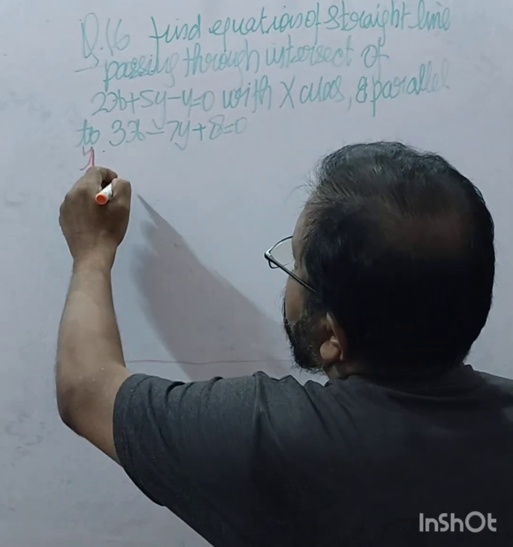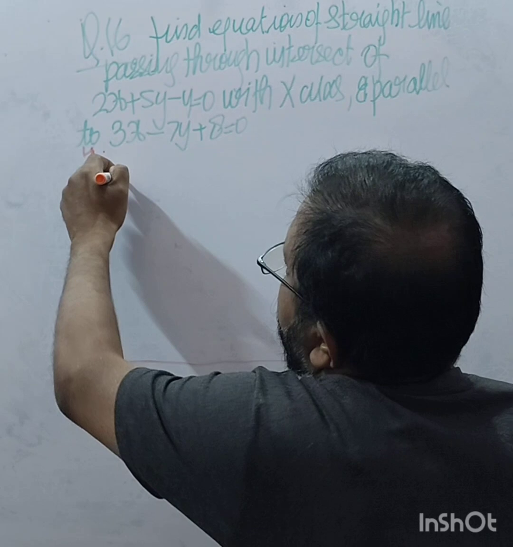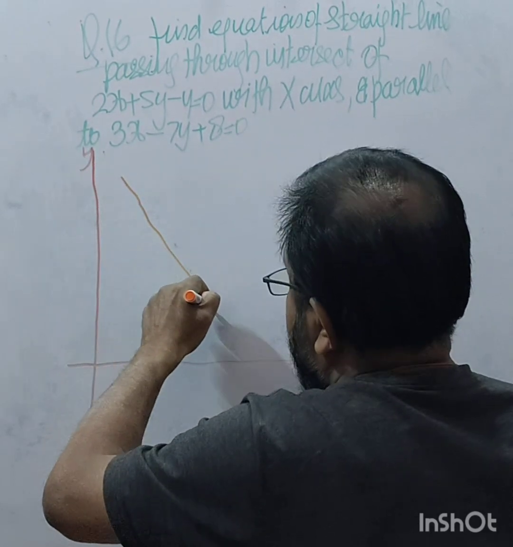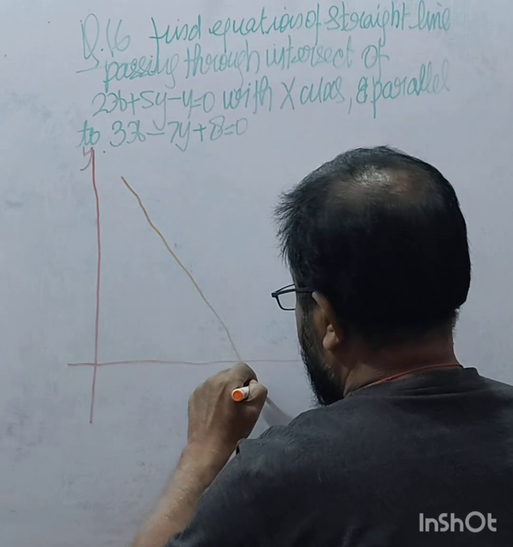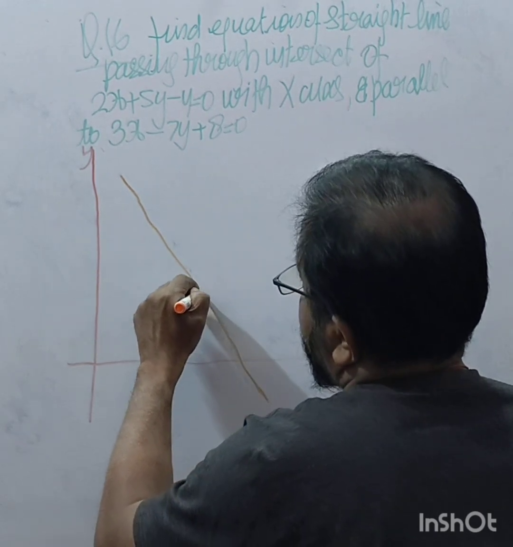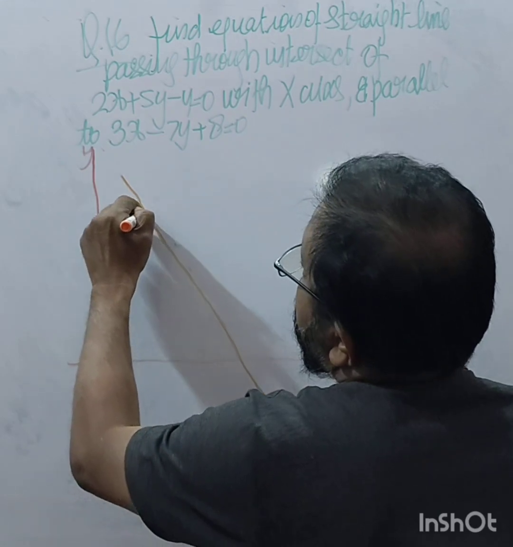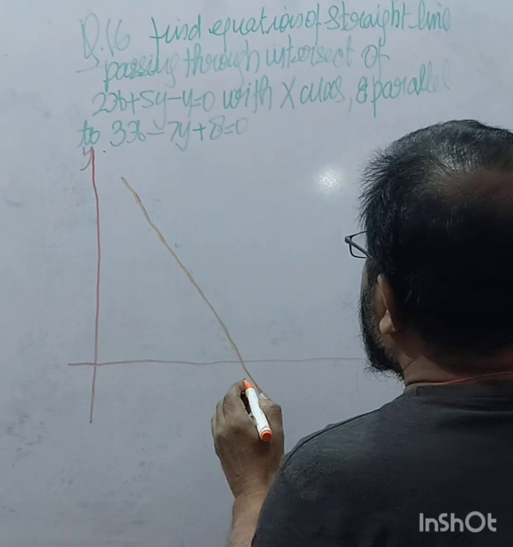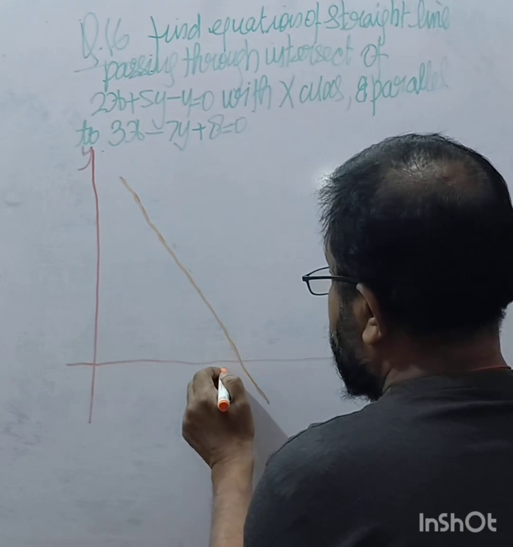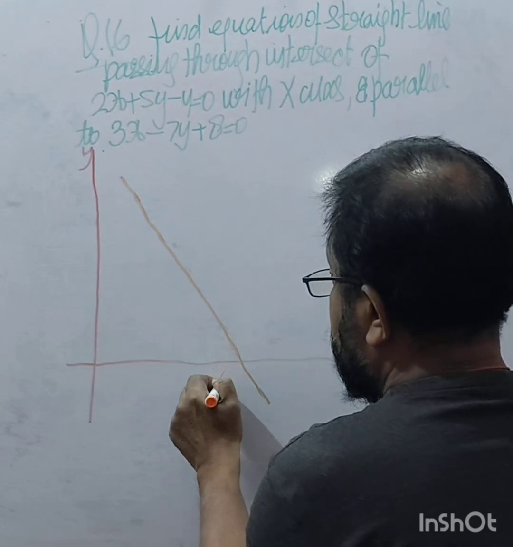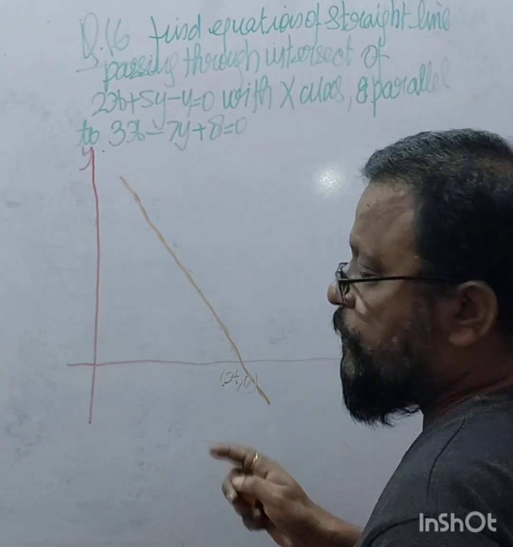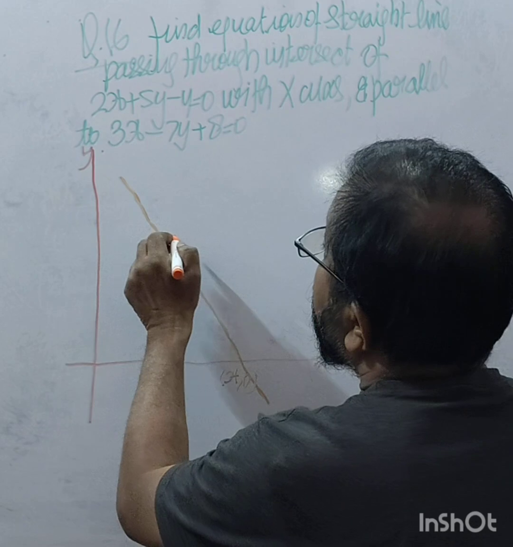So there is a line like this, which is passing through. These are its coordinates: x comma 0, y is 0, right?